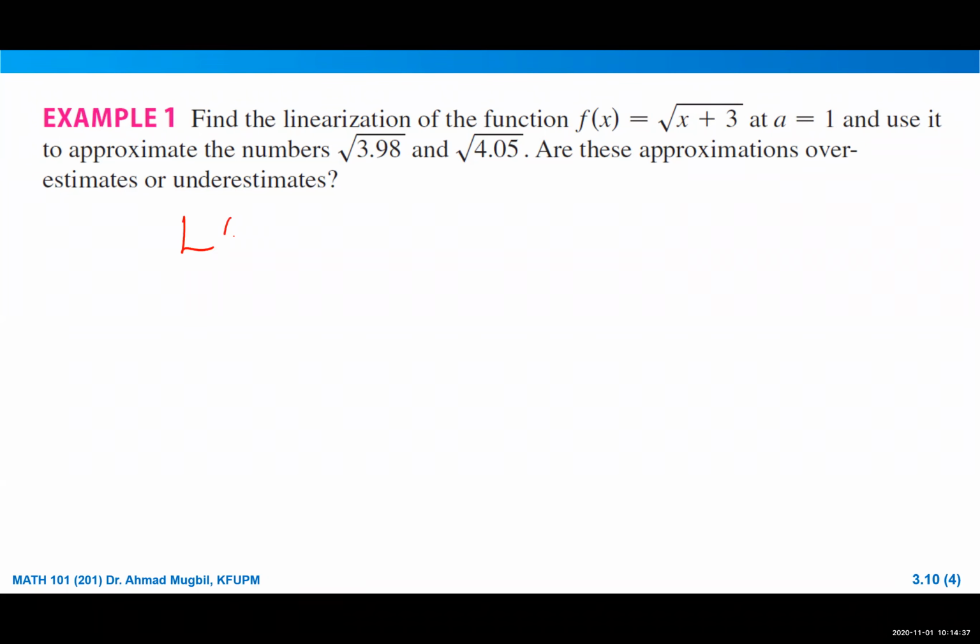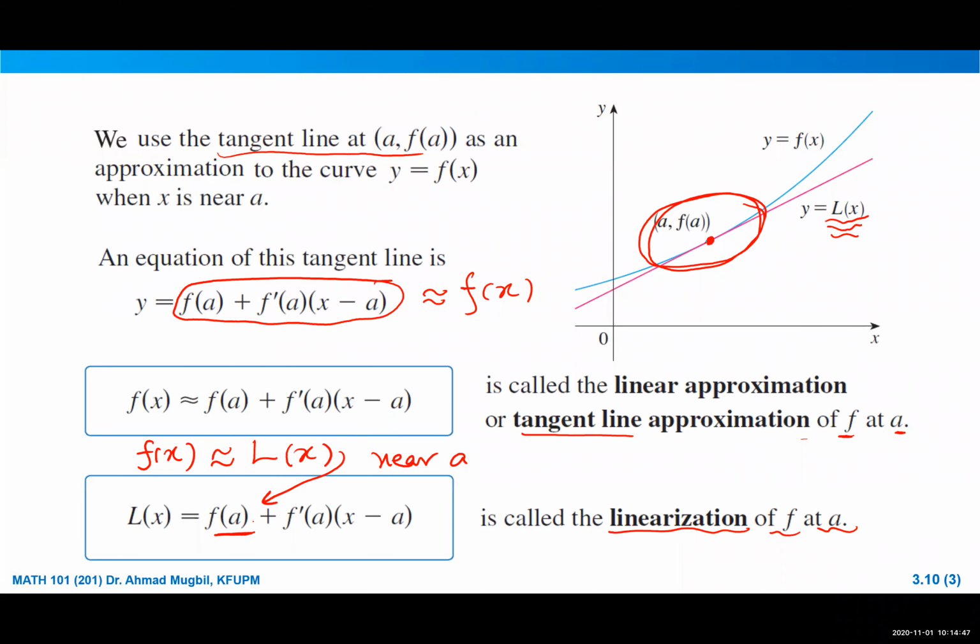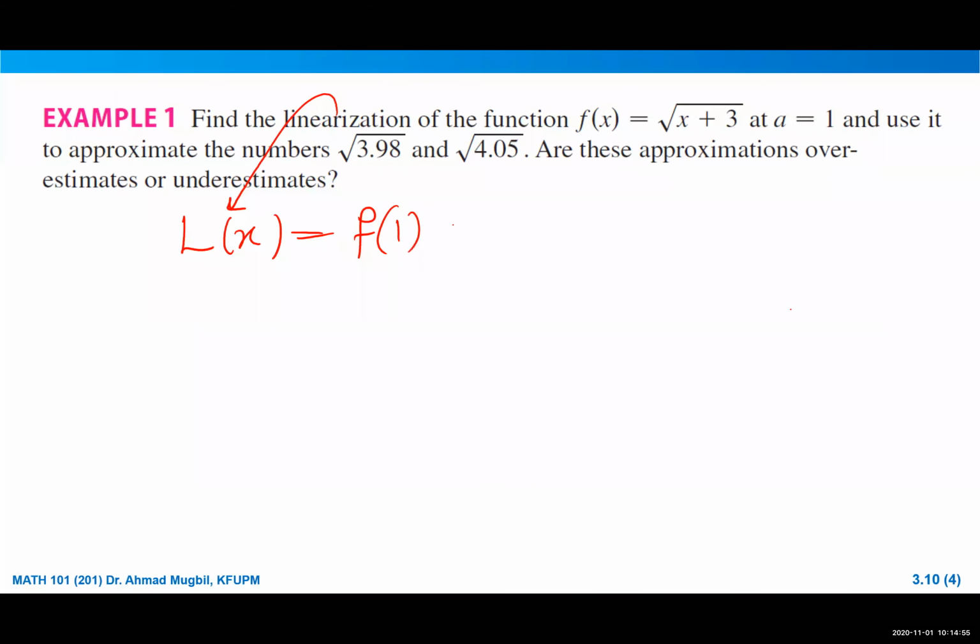L of x, the linearization, equals f at A plus the derivative at A times x minus A. In our case, A is 1. So it will be f at 1 plus f prime at 1 times x minus 1.